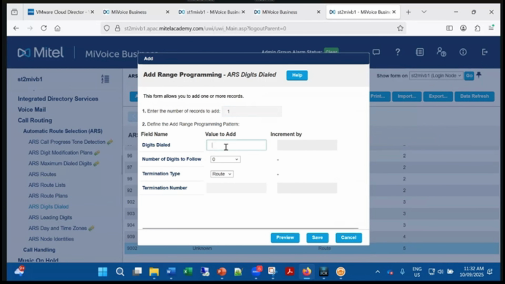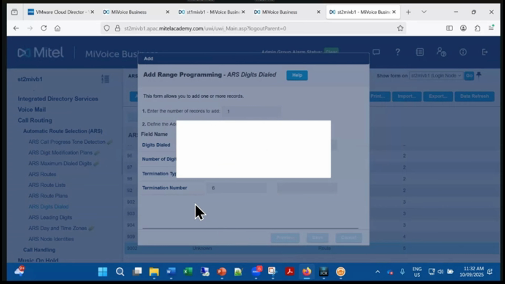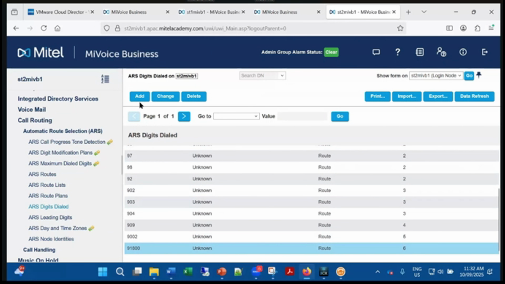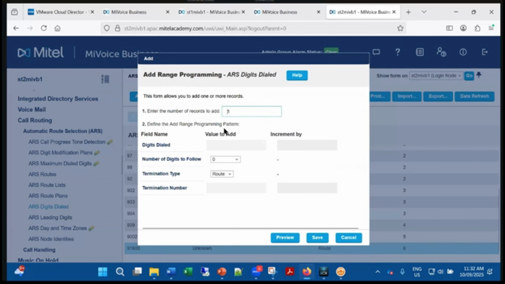Nine 1800. Go out on route 6. The last one, 90204. Go out on route 7.